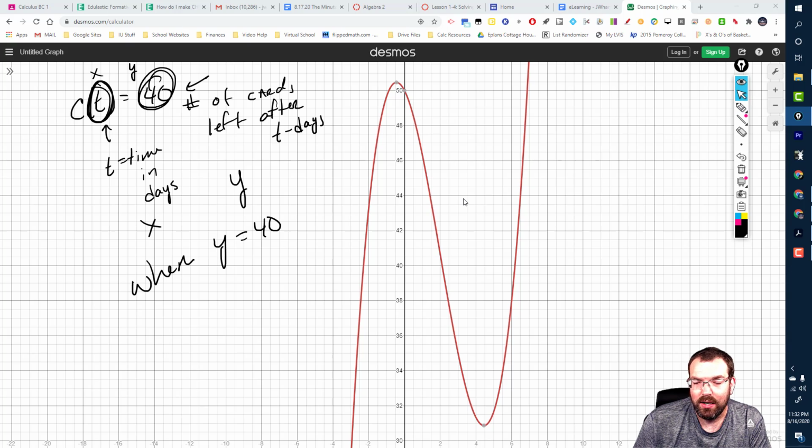Well, how do I do that? Again, I'm going to click my graph, and I'm going to move until the second number is as close to 40 as I can get. Okay, so we get 40.07, so about 2.11. So that's one answer.